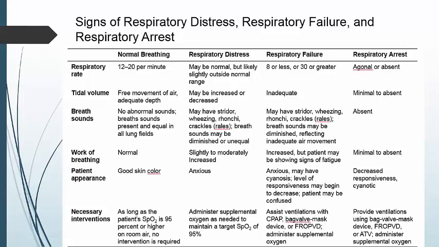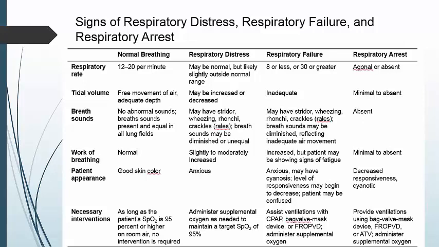Now, your tidal volume, like I said, for respiratory arrest, it's going to be minimal to none. For failure, it's going to be inadequate. Usually we'll see this as shallow. For respiratory distress, it could be increased or decreased. And then normal breathing, adequate depth, free movement of air there. Now, your breath sounds, normal breathing, no abnormal sounds, right? They're present, equal, bilateral.